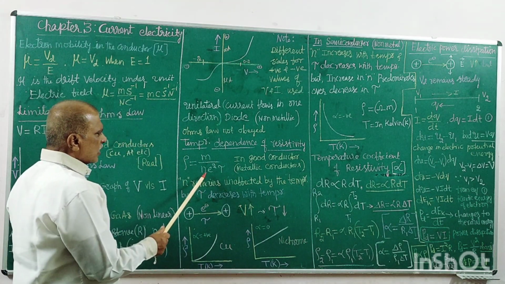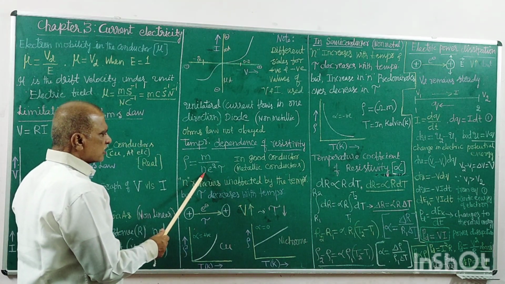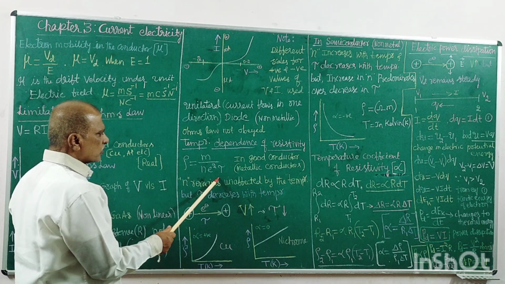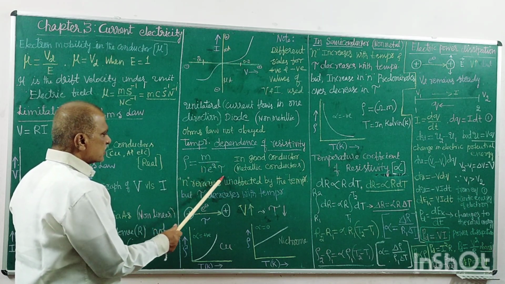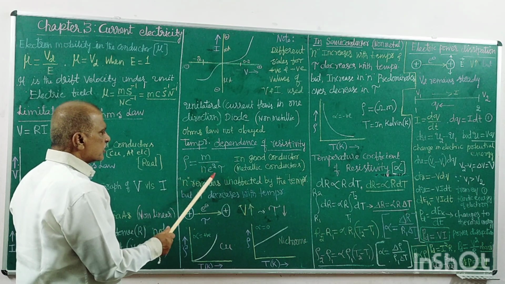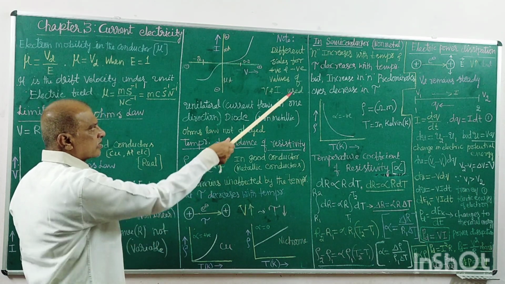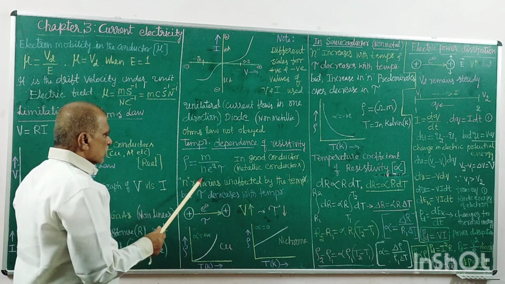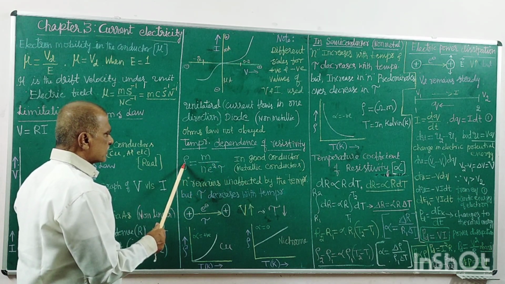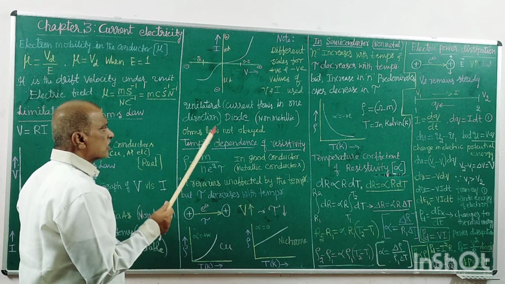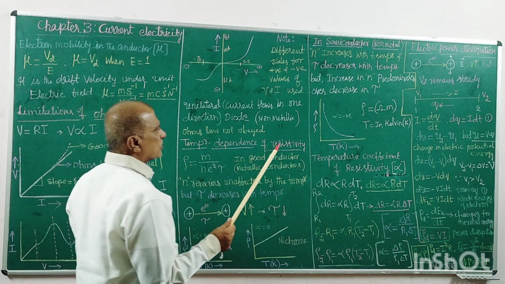The increase in n predominates over the decrease in τ. The increase in n is quite a bit larger than the decrease in τ. As a result, overall the denominator value increases with increase of temperature in a material like this. As the denominator value increases, resistivity decreases. Therefore, the resistance of that material decreases with increase of temperature.